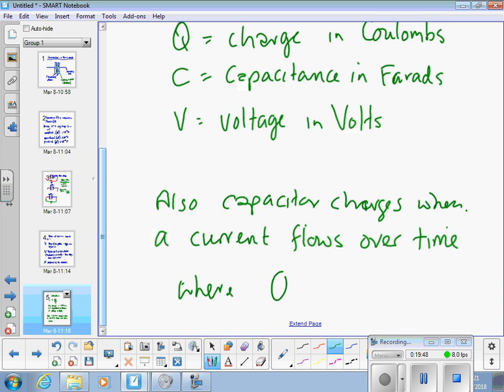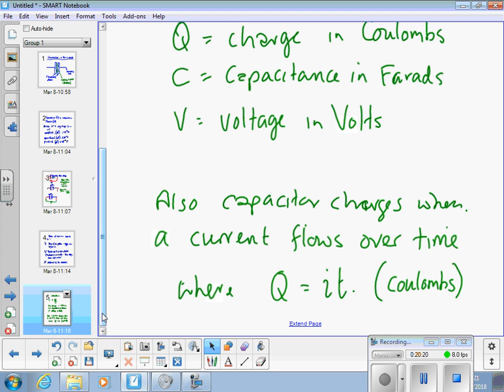Q is also equal to I times T, in coulombs. Again, I'll put a lowercase i because if we just connect the voltage source to a capacitor, unless we do something about it, the current won't remain constant.